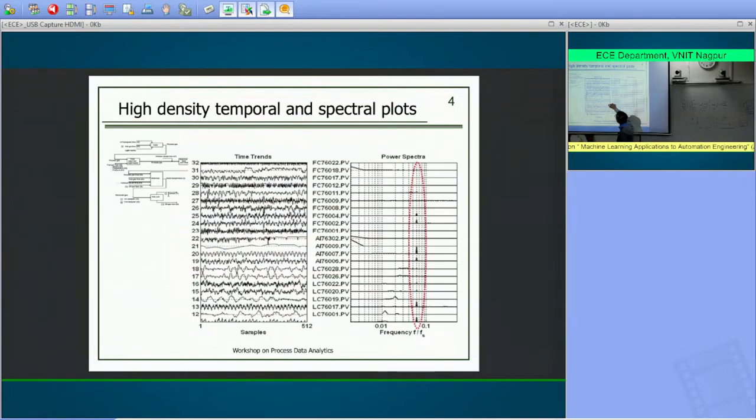Because I'm going to tell you, I'm not sure if I have the slide that I was hoping to show you, but the point I'm trying to make here is this is from a refinery.